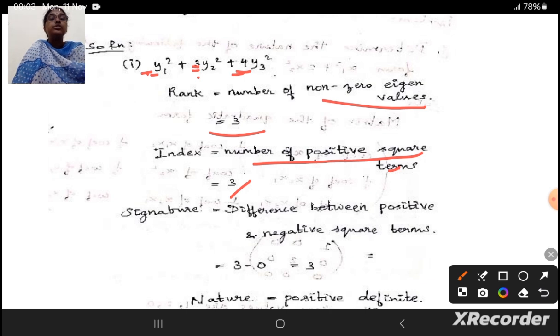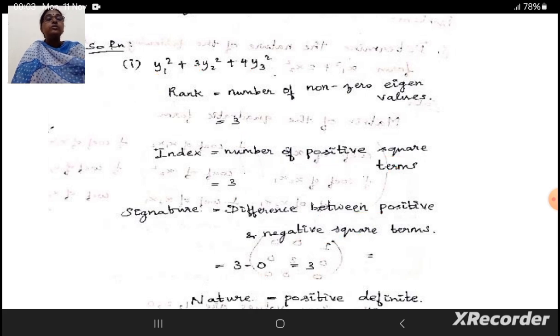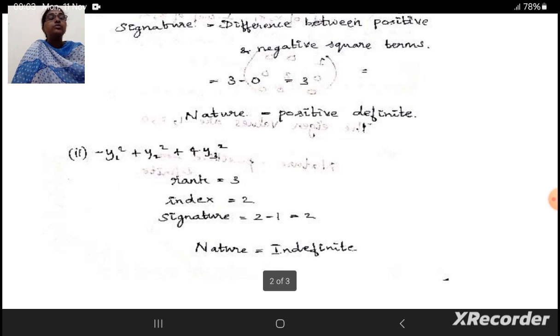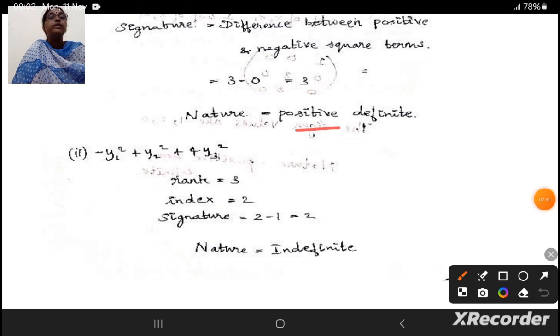Next is the signature, the difference between the positive and negative square terms. Positive terms are 3 and negative terms are 0, so the difference is 3. Next we go for the nature. All the three values are positive only, so we can fix this as positive definite. This way we can calculate easily.